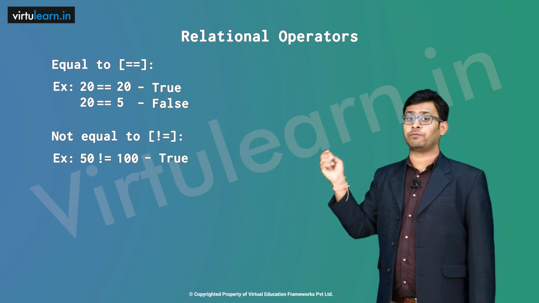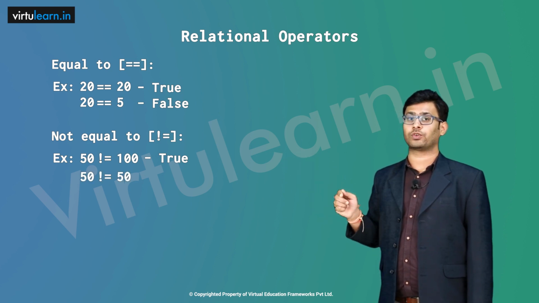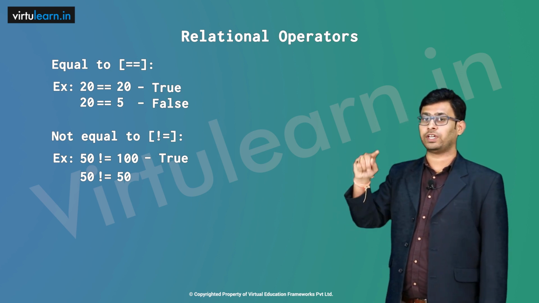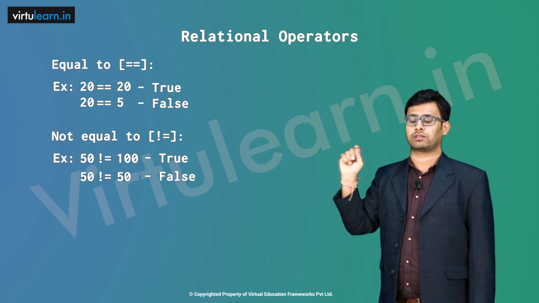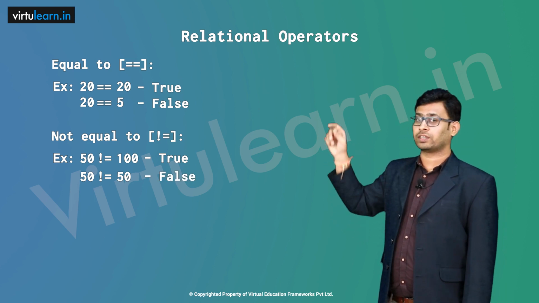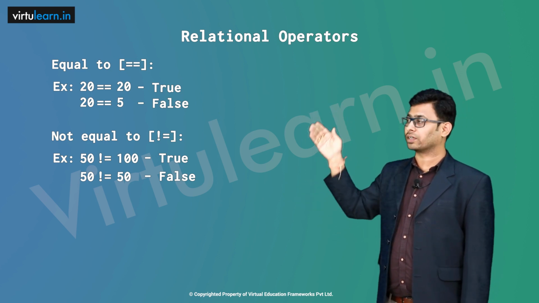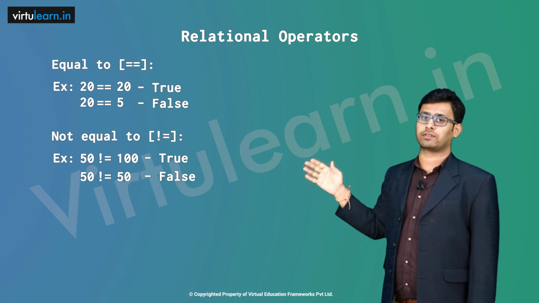Now if I say 50 is not equal to 50, actually 50 is equal to 50. But here I am saying 50 is not equal to 50, which means the result is false. So this is how the relational operators work. These are the different relational operators and we have seen examples for each.